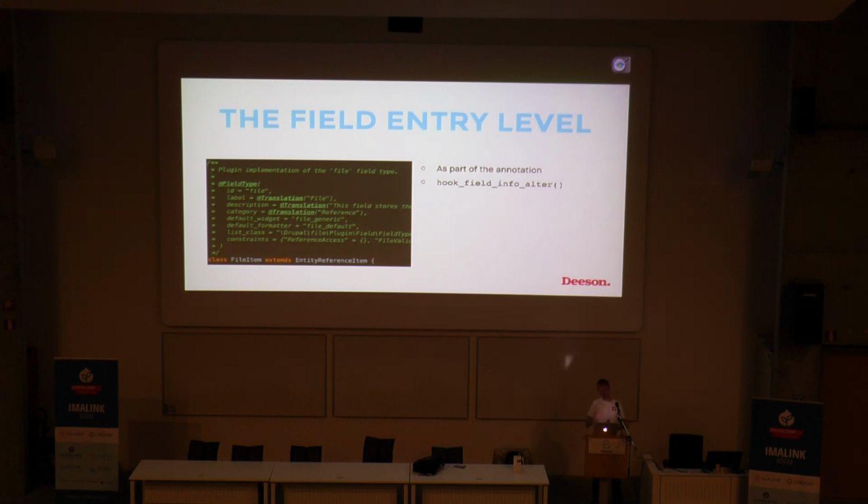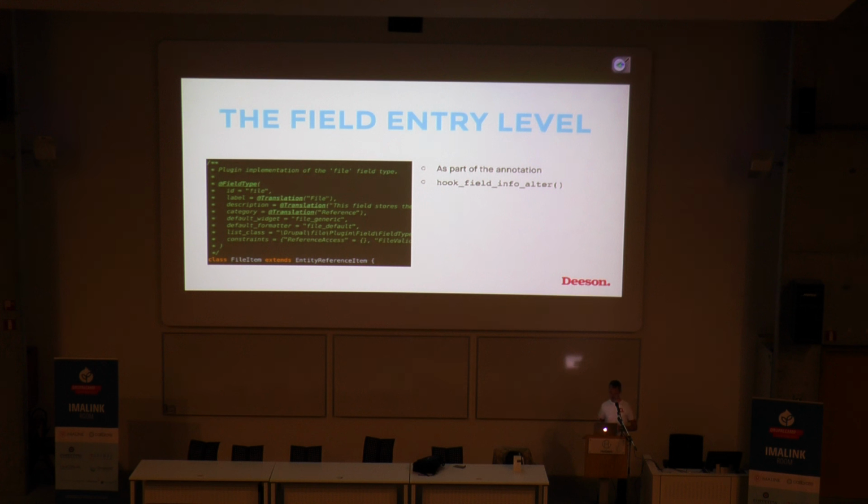In core you can define those field types, and those are the single entries, and that's the class that handles everything. For an entity reference field, you have a field type entity reference. For an options list, you have a field type option, stuff like that.